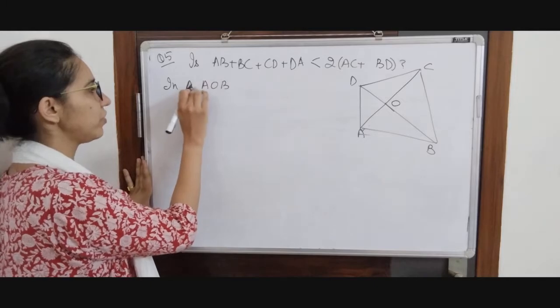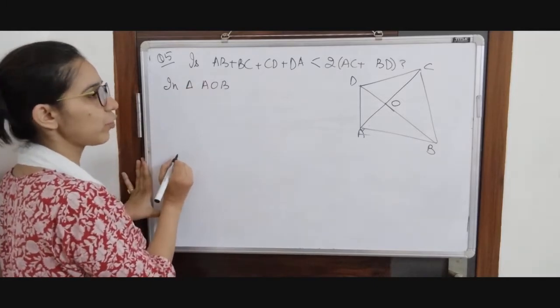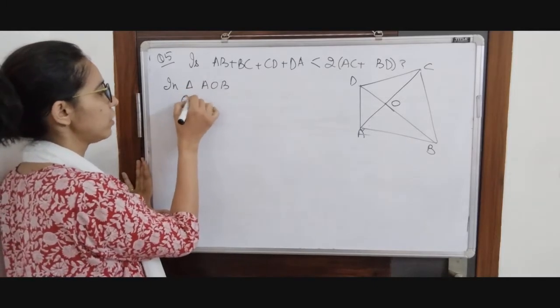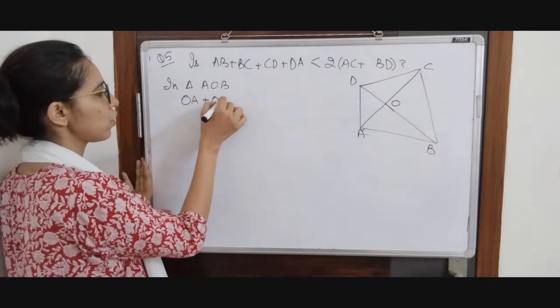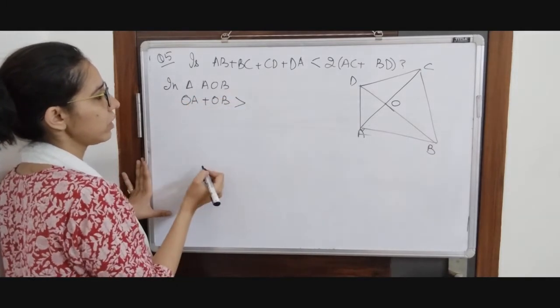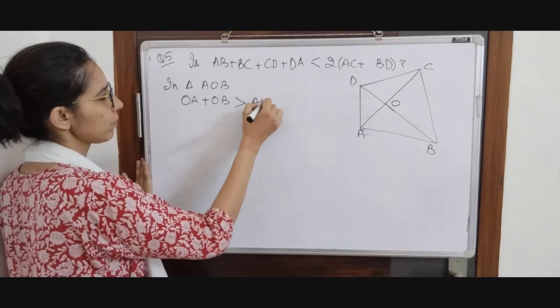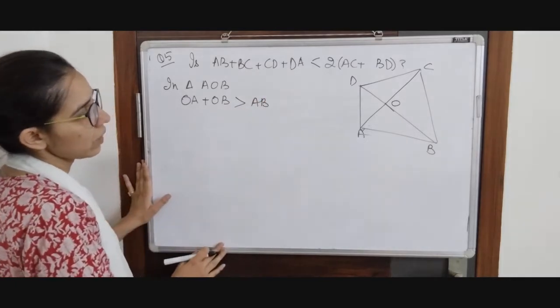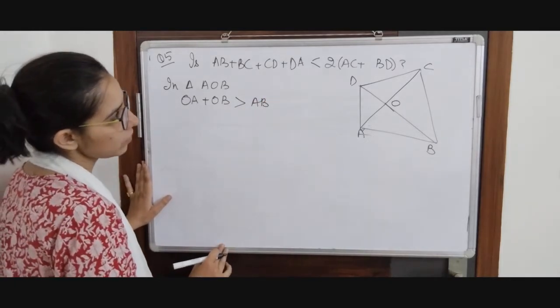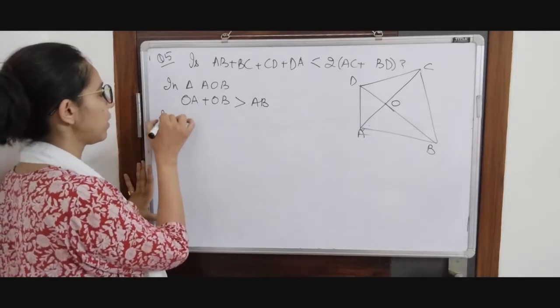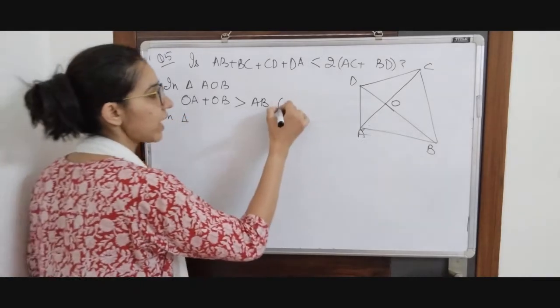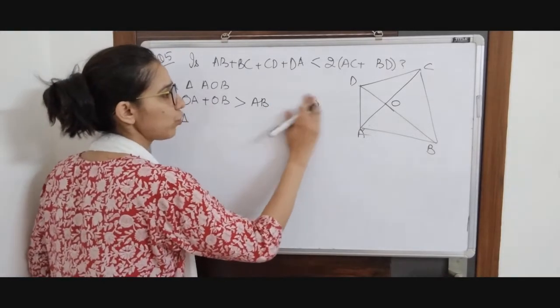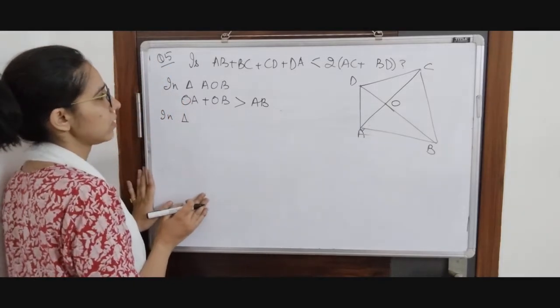AOB is a triangle in which 2 sides are going to be greater than the third side. So OA plus OB is going to be greater than AB. In a triangle you will write the reason, because the sum of 2 sides is greater than the third side.